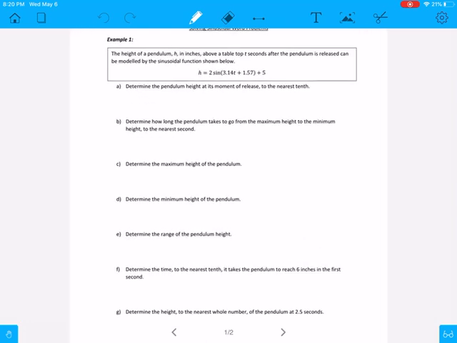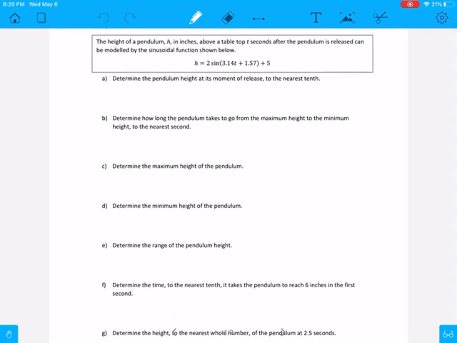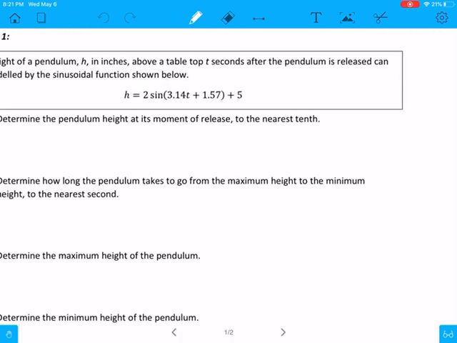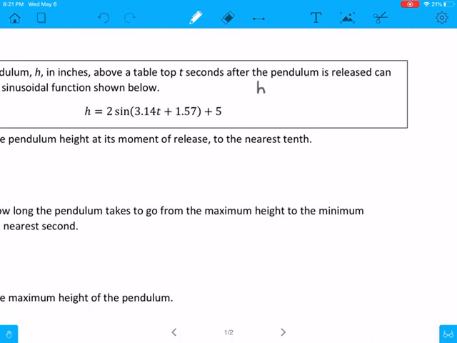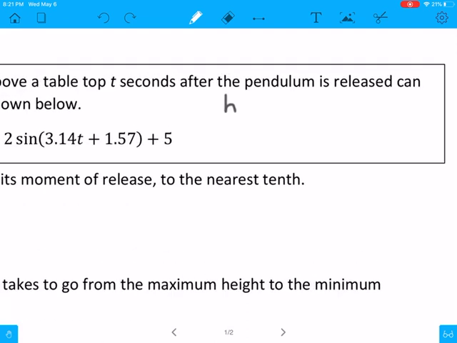So this one here is the height of a pendulum, h. So h is in inches, and h is always my y. It will always tell you what something is. So if I see anything in inches, I know they gave me height, and that equals my y variable.